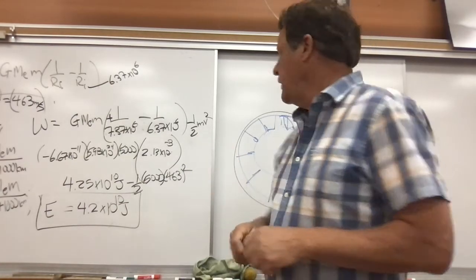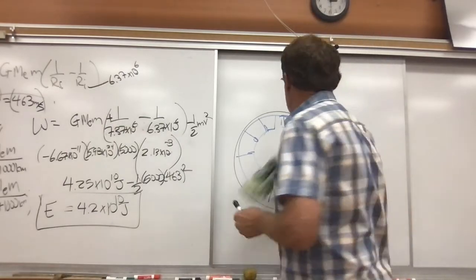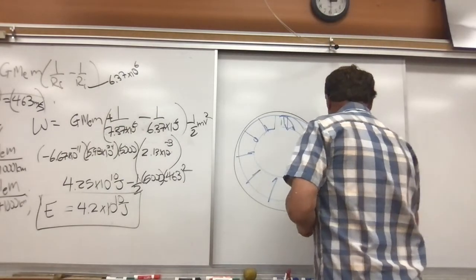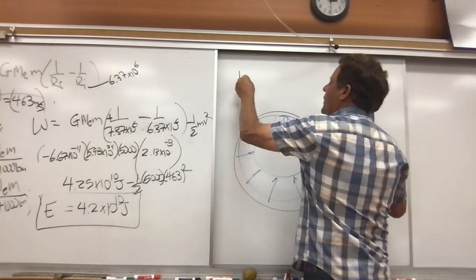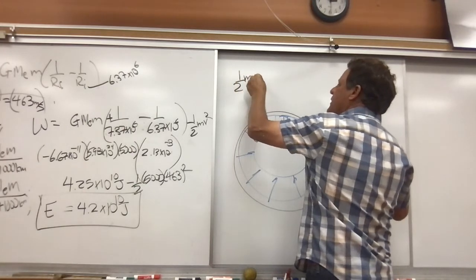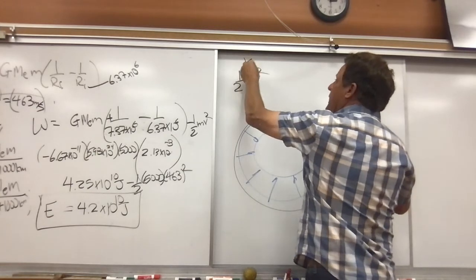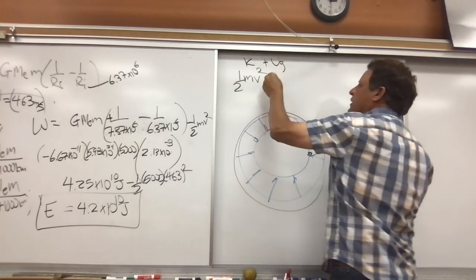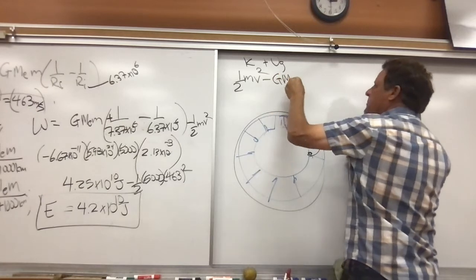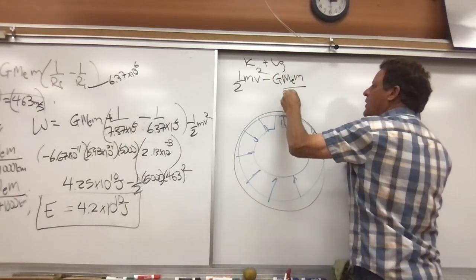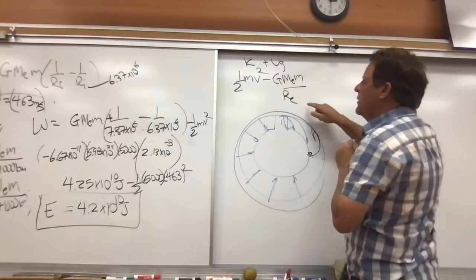All right. So now what we have here is 1/2 mv squared. This is going to be kinetic energy plus potential energy, which is minus G, mass of the Earth, m over r. This is going to be the radius of the Earth.